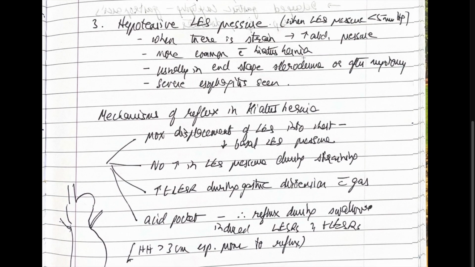The mechanisms of reflux in a hiatus hernia. Proximal displacement of the LES into the chest, so that the intra-abdominal part would not be there, and therefore the basal LES pressure itself would be low. There is no increase in LES pressure during straining. There is increased transient LESRs during gastric distension with gas, and the acid pocket itself is increased.